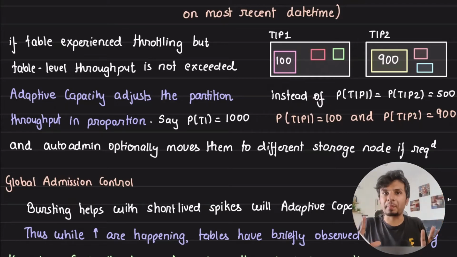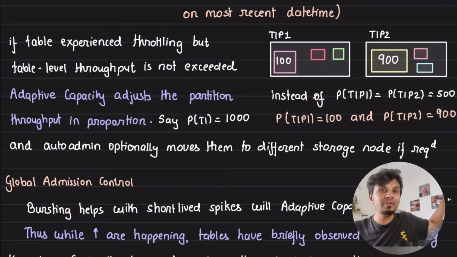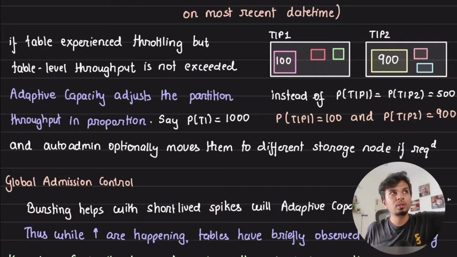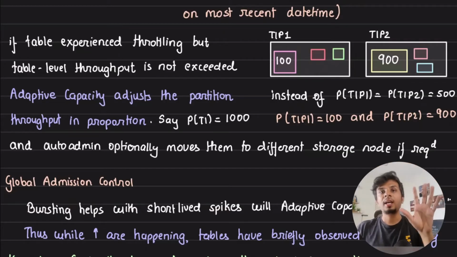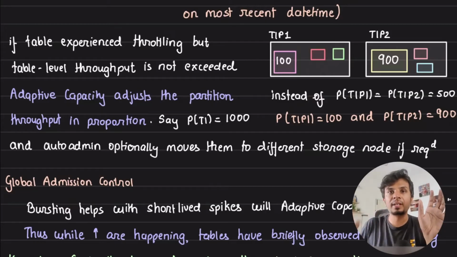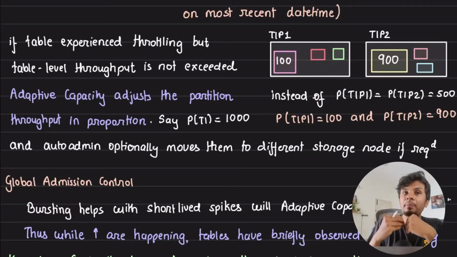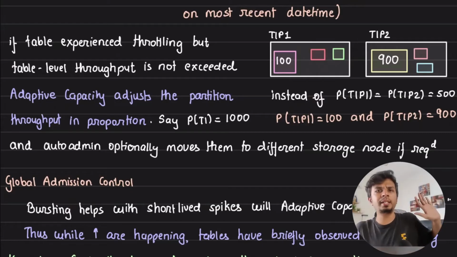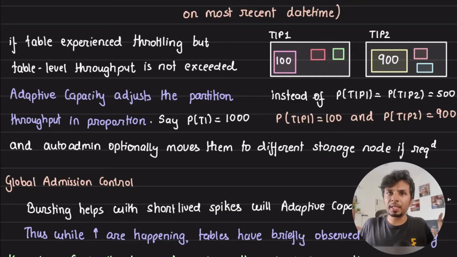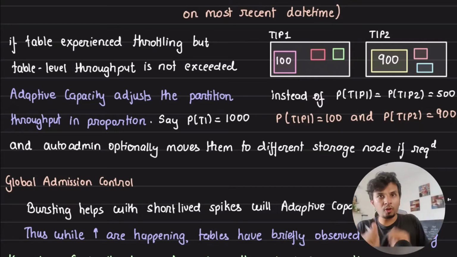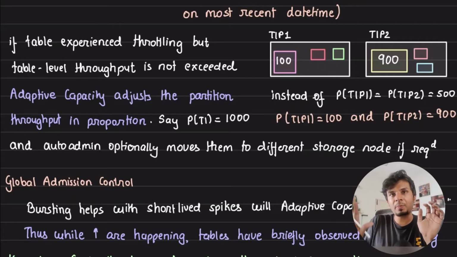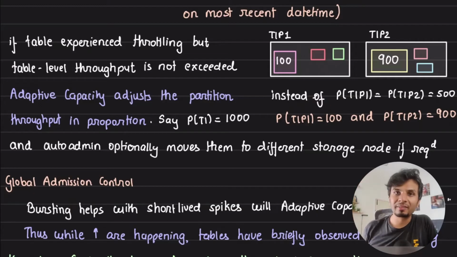This is adaptive capacity. So what we studied first is if my table's capacity is set to 1000 and I have two partitions, each one would get 500. But adaptive capacity says, I would not split it to 500. Depending on the amount of requests that I'm getting, I would allocate my throughput for that partition in that proportion. One partition gets 100 while the other partition, which is heavy, gets 900.